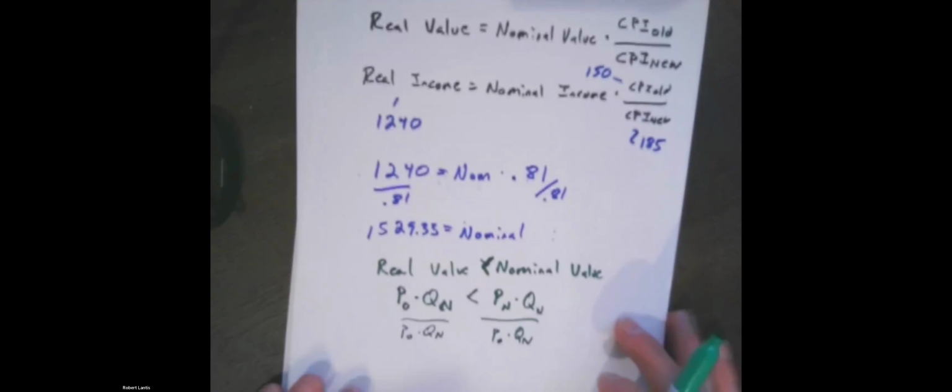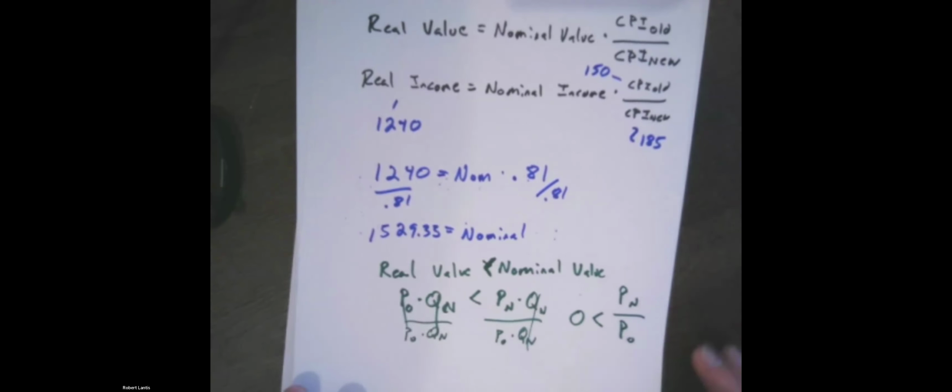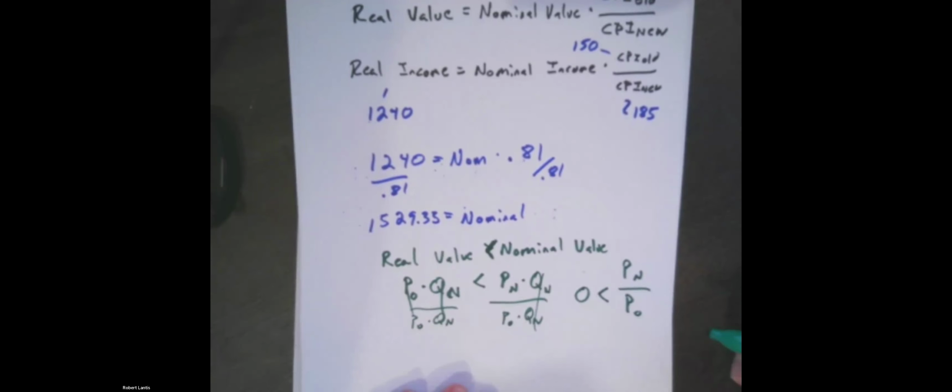What I would end up with is, well, this cancels, right? So I got zero. And then I have here, well, if I'm dividing a quantity by itself, all I'm left with is new prices over my old prices. So anytime my real value is less than nominal value, this fraction is going to be greater than zero, right?